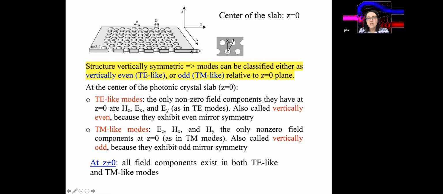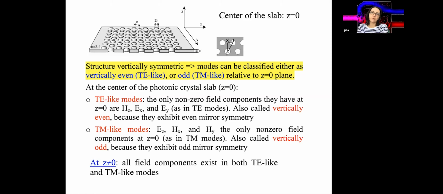If you have an asymmetric structure, if you have, for example, oxide underneath, and this is silicon, and on top you have air, then you don't have vertical symmetry, right? The structure is not vertically symmetric, which means that these two categories of modes can mix, and that can introduce losses in the system.